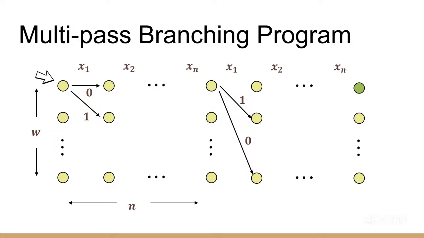Basically, there are transitions again while reading the input the second time. These transitions in the first part of the branching program can be different from the transitions in the second part, but you're reading the input twice, and the final accept state is after reading the input two times.